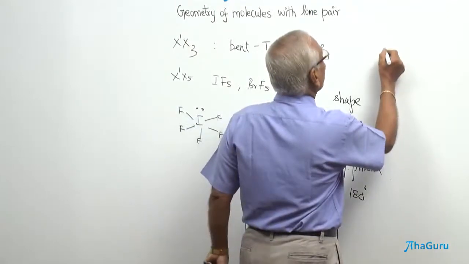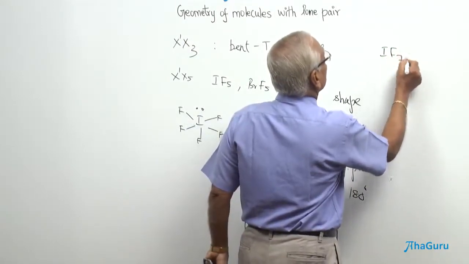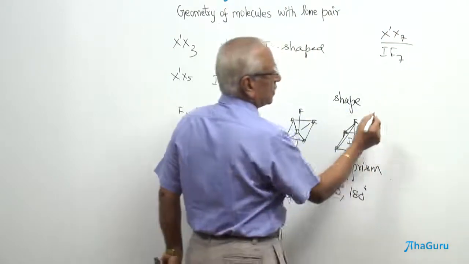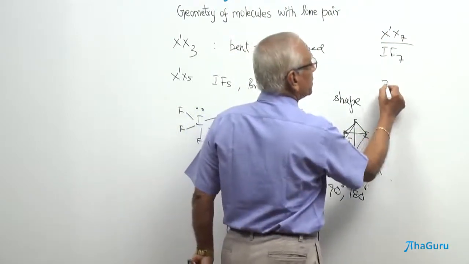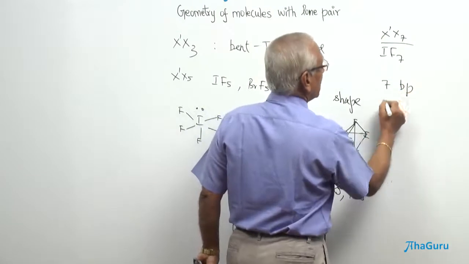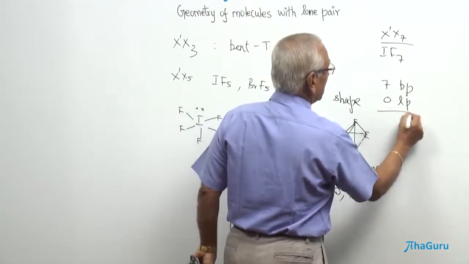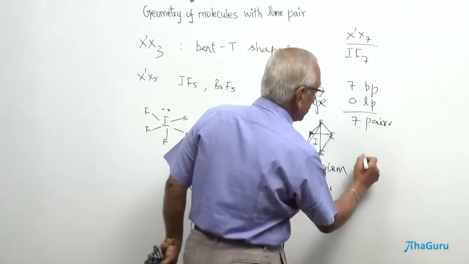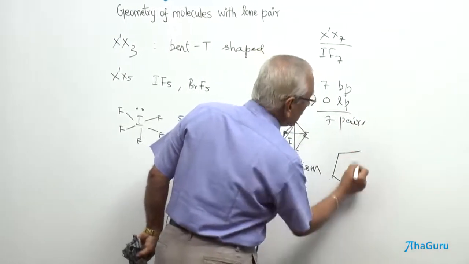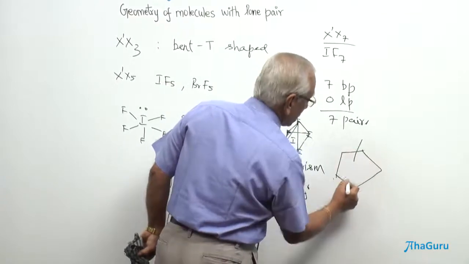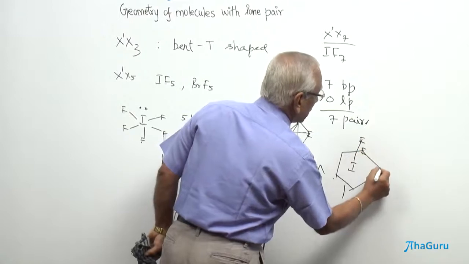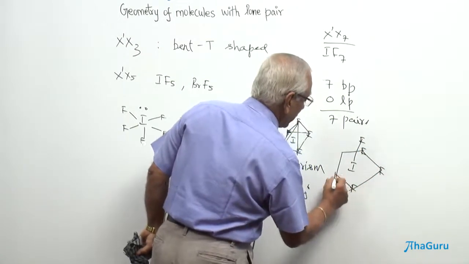But in the case of IF7, what is this example? An X dash X7 molecule. All of them are bond pairs. So, there are going to be 7 bond pairs and 0 lone pairs, therefore 7 pairs of electrons. Now, how do we visualize this? This is going to be iodine in the center and all the 7 corners I put fluorine.